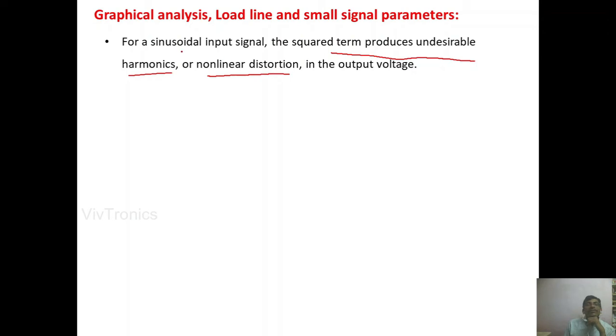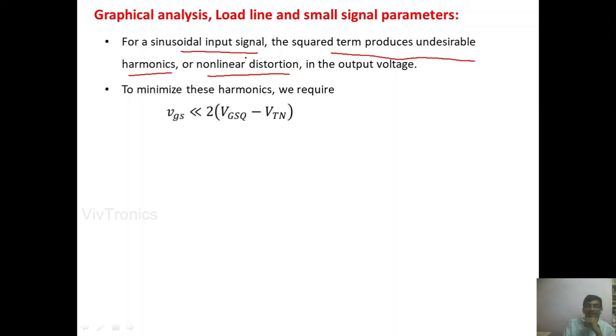Therefore, in the output voltage we have to minimize the harmonics, in order to eliminate the distortion. The third term we have to minimize. That's why VGS should be taken very much less than 2 into (VGSQ minus Vtn). The AC input signal must be taken very much less than the 2 into (VGSQ minus Vtn) value.